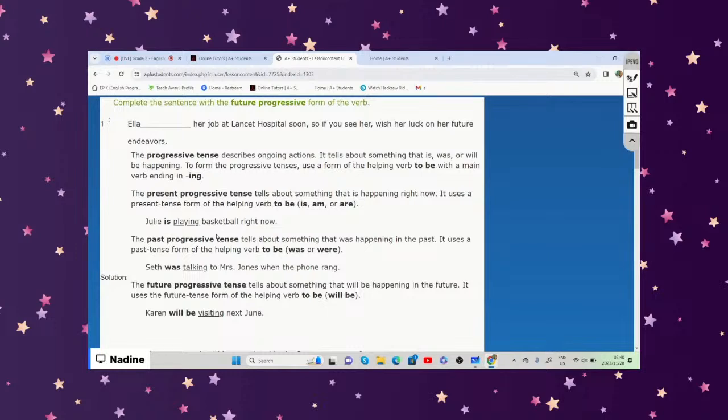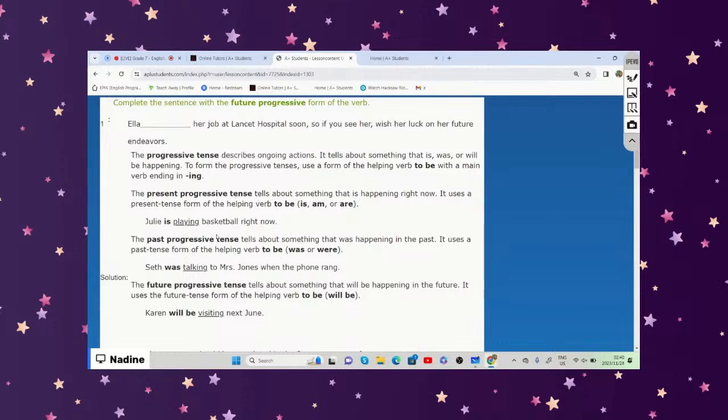Then we have the past progressive tense. It tells about something that was happening in the past. It uses a past tense form of the helping verb to be, which is either was or were.